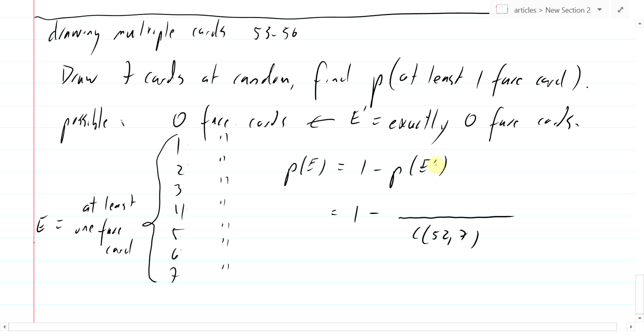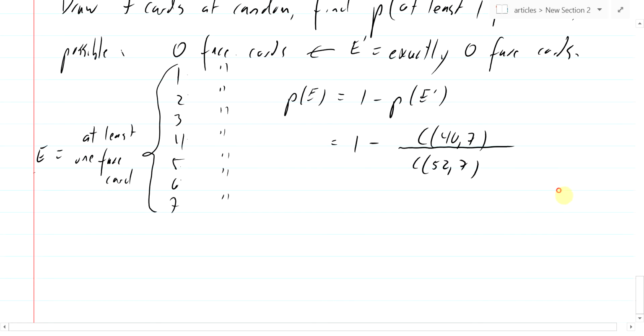And no face cards. Well, I need to pick 7 cards that are not face cards. How many cards are not face cards? 40. Right. So, where does this come from? Pick 7 cards from 52, all possible outcomes.